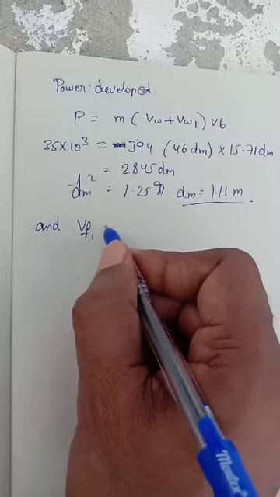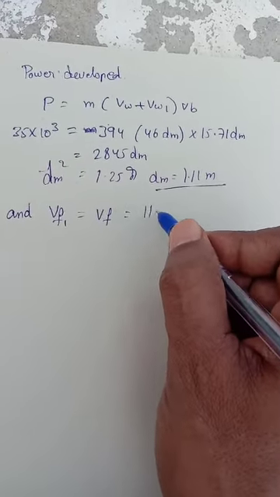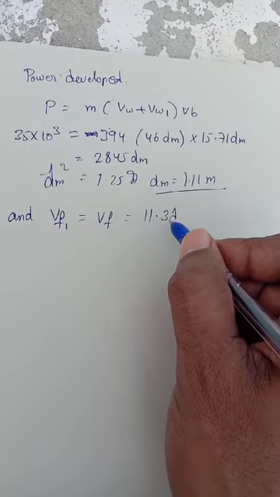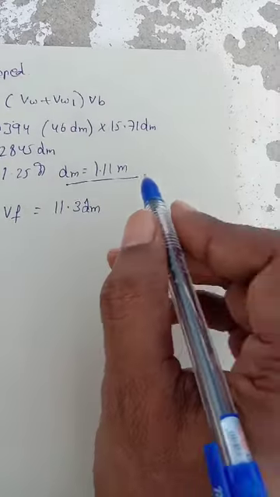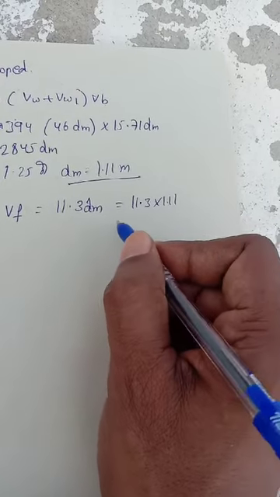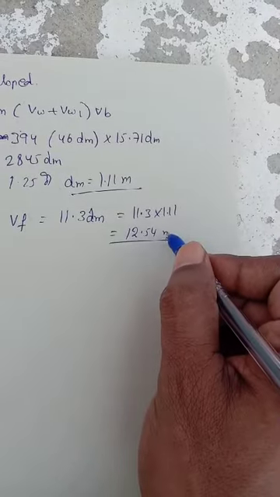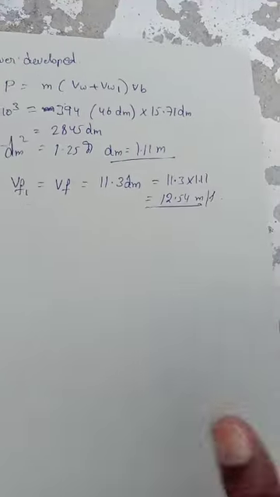And Vf1 is equal to Vf. So then here, 0.3 dm, so 1.3 into 1.11, that is equal to 12.54 meter per second.